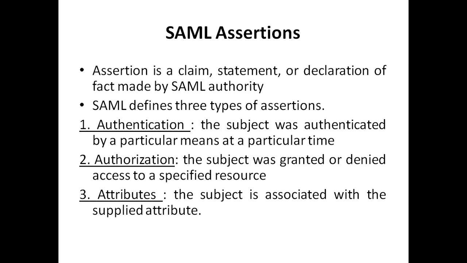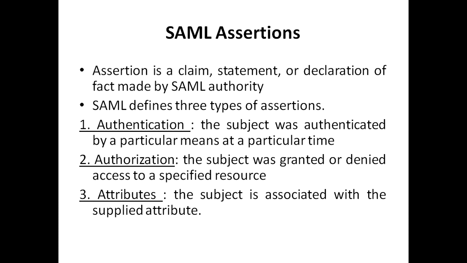Authorization: the subject was granted or denied access to a specified resource. An authorization statement is an assertion by the identity provider that a principal C is permitted to perform an action or operation O on a resource R.